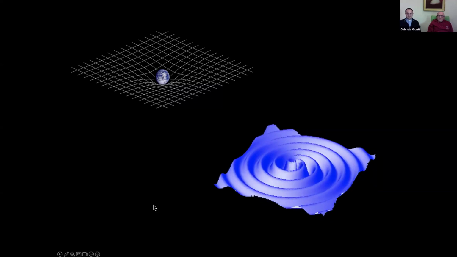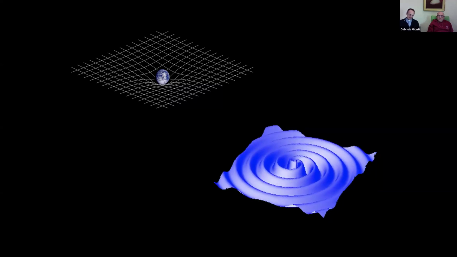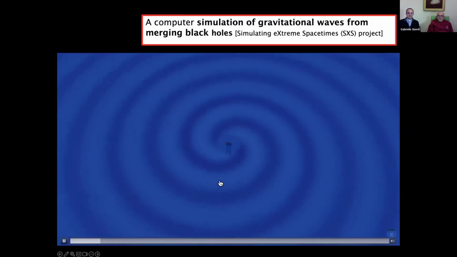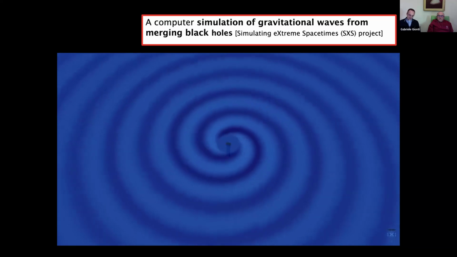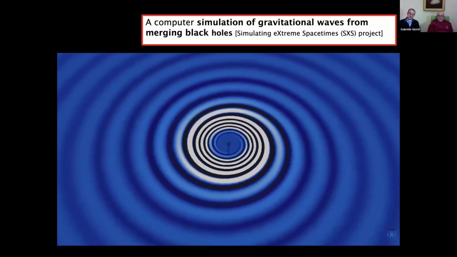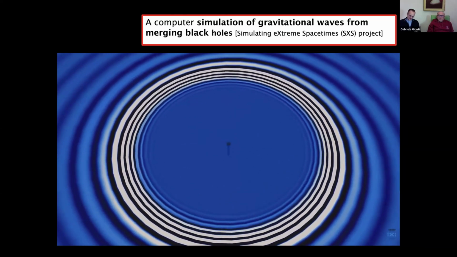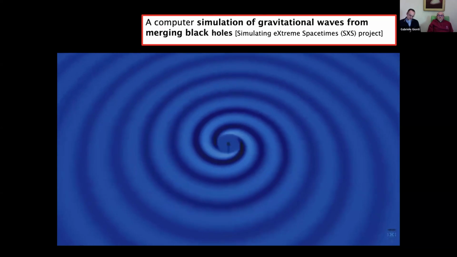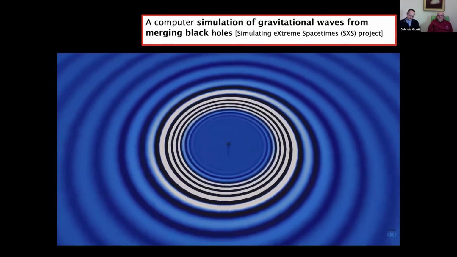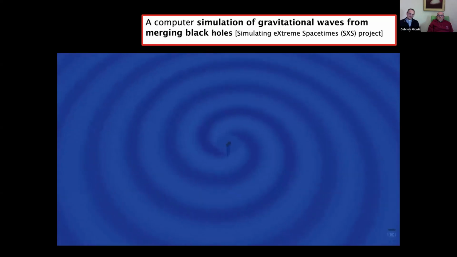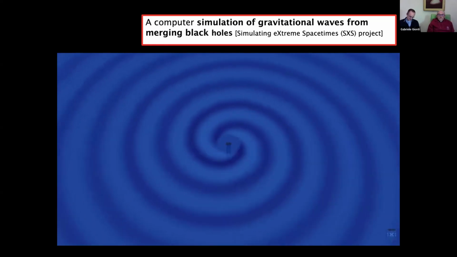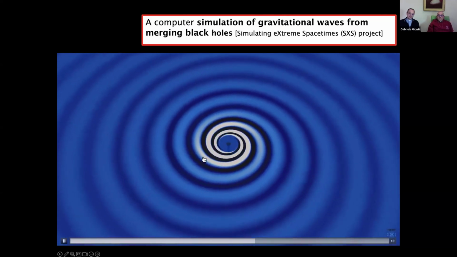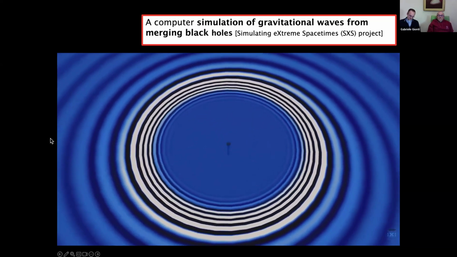You see there is this deformation of space-time, and they were detected by the LIGO collaboration in 2015. Here you see a computer simulation of the gravitational waves from the merging of two black holes. And you see that the black hole's gravity stretches and curves space-time near them, and is a signal that it is possible to observe today with special instruments. I will say something later.